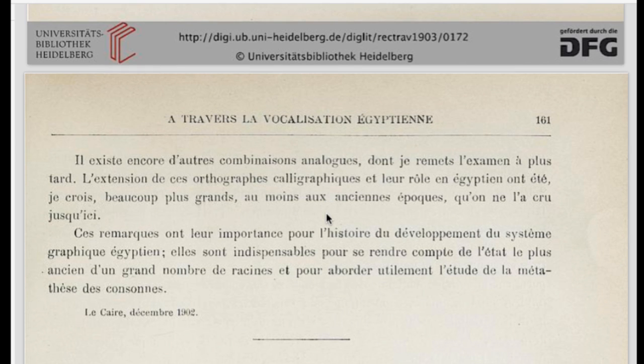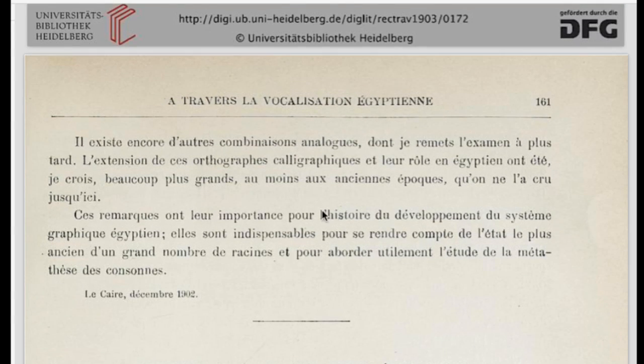So he's saying that a lot of this stuff, this transposition and stuff like that, took place in the old writing. Okay. He goes on to say that these remarks are important for the history of the Egyptian graphic system, the development of the Egyptian graphic system. They are essential to be aware of the form of a large number of roots and to usefully address the study of metathesis of consonants.